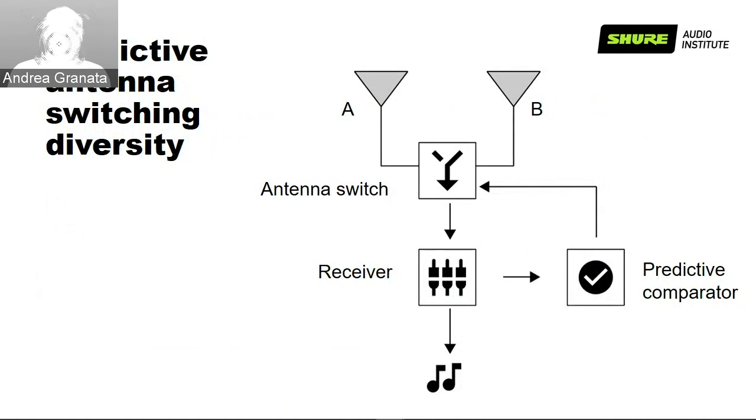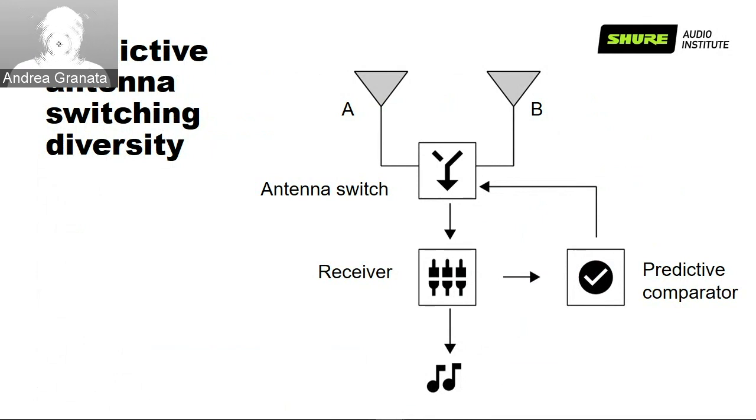Another simple system that is used in some old analog systems as much as in some digital systems, because it's very efficient for digital, not as efficient for audio, is predictive antenna switching. As you can see in the schematic, you have a switch between antenna A and antenna B that's controlled by a predictive comparator that receives information from the receiver itself.